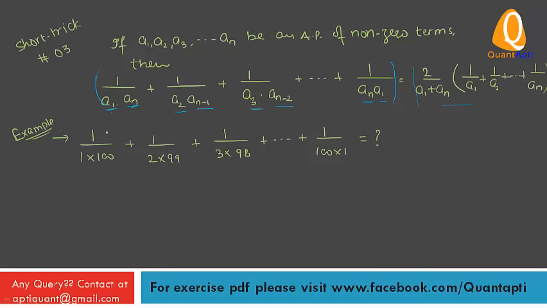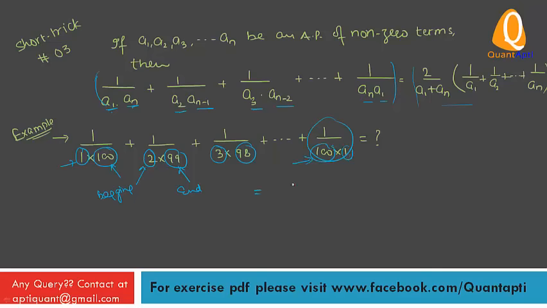No, this is the first term from the beginning and the second term from the end. Again beginning and end. If you encounter this, for the last term, the first term is from the beginning and the last term is from the end.